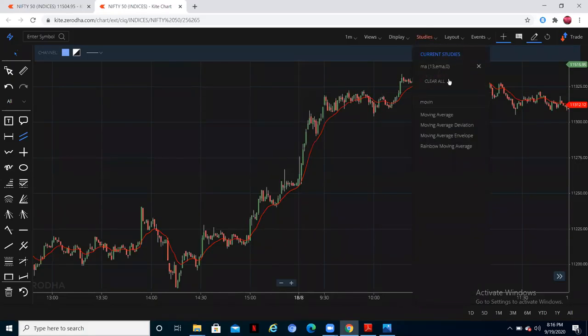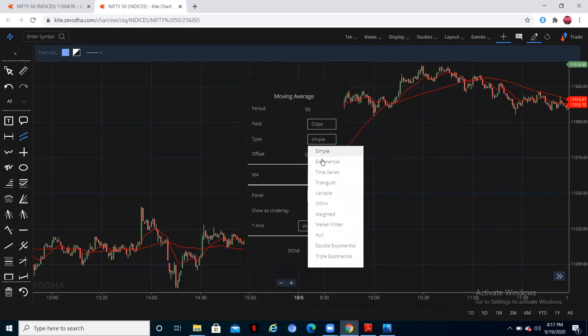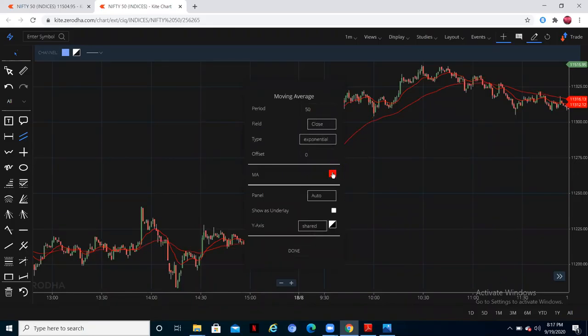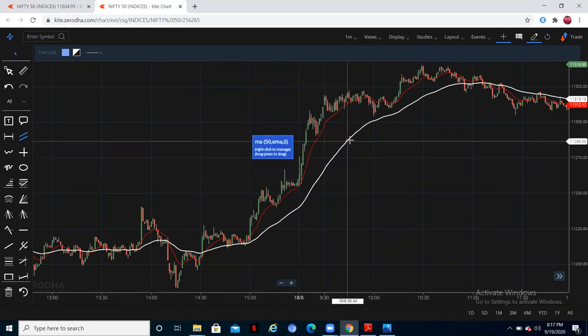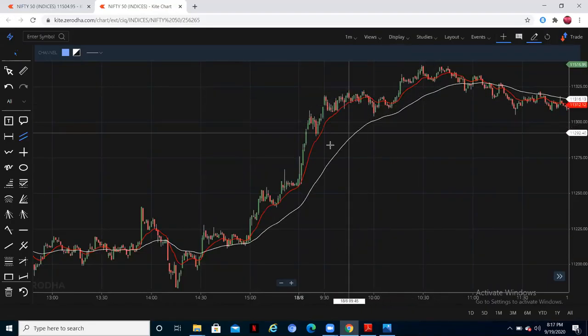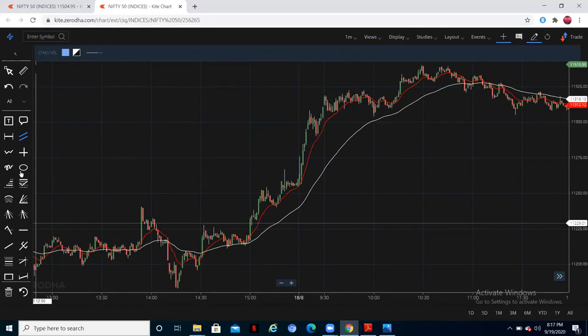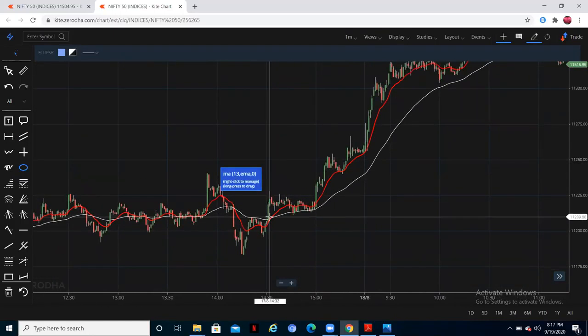Then comes the second indicator, which is again a moving average with a period of 50 days. This time field is again close, type is again exponential, and I'm denoting this with a different color so that you can distinguish between the two of them. This is your second indicator, a 50-day exponential moving average, which I have denoted in white color. We are using this just for confirming the direction of the trend.